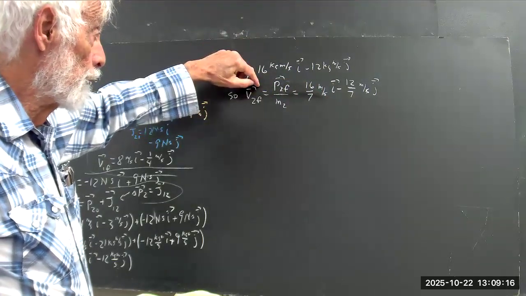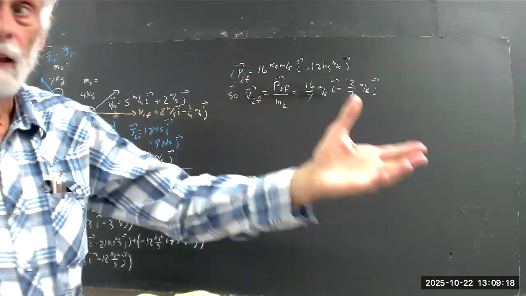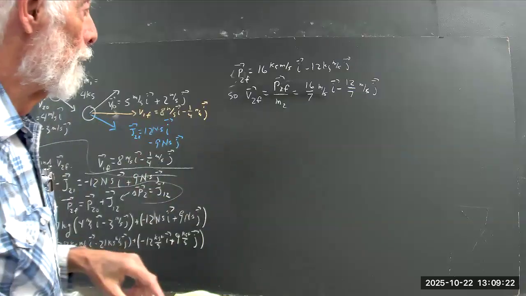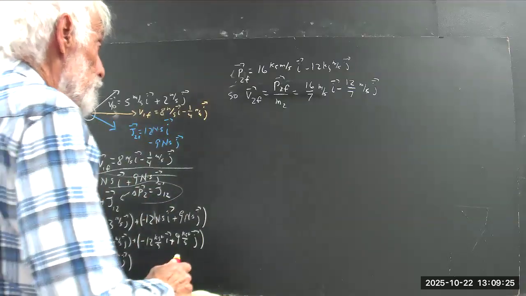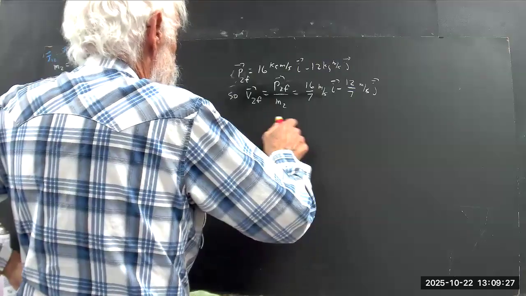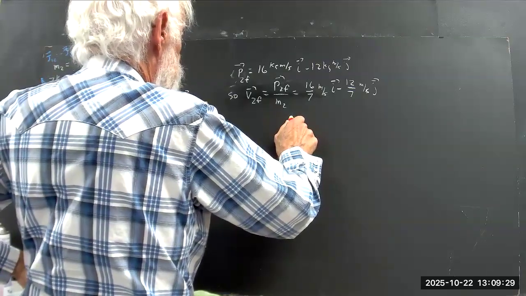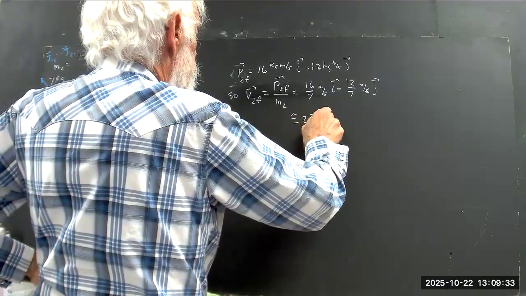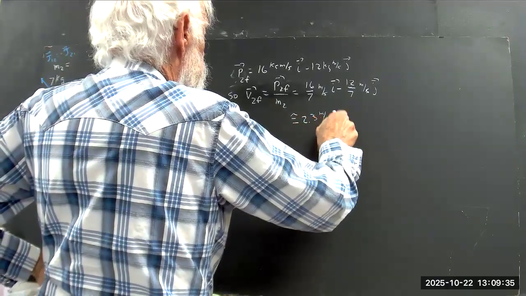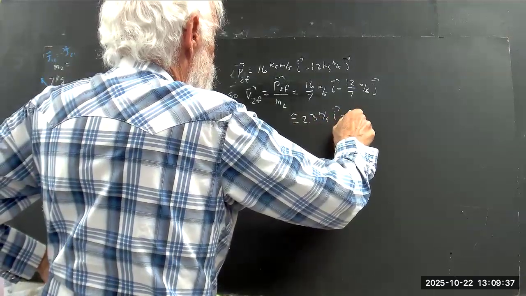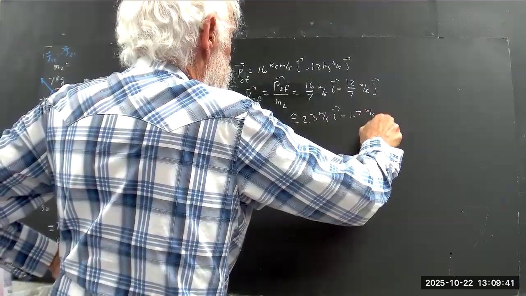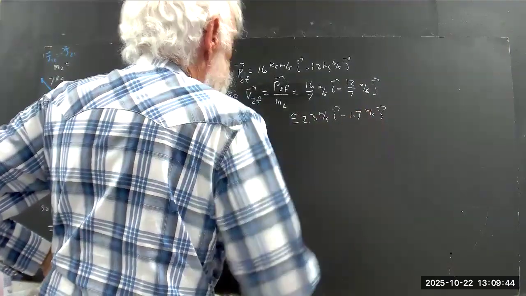So I'm going to have 16 over 7, and the kilogram will divide out. And that should be obvious. If not, give it some thought. And if you can't get it reconciled, ask me for more explanation. So this is approximately 2.3 meters per second times I minus 1.7 meters per second times J.